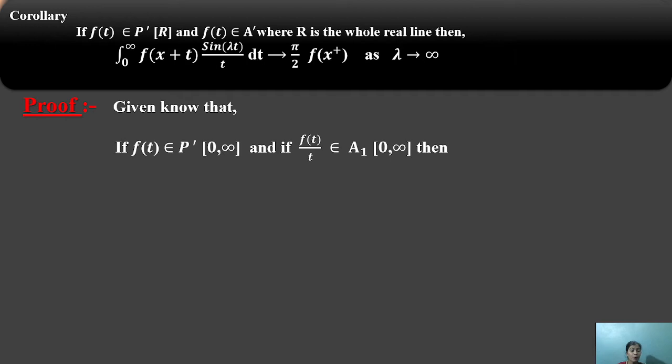What is the proof of this corollary? Starting the proof, given that f(t) is an element of P'(R) and f(t) is an element of A', and given the lower and upper limits, if f(t) is an element of P'(0, ∞) and f(t)/t is an element of A'(0, ∞). Sorry, this is not A1, this is A'.